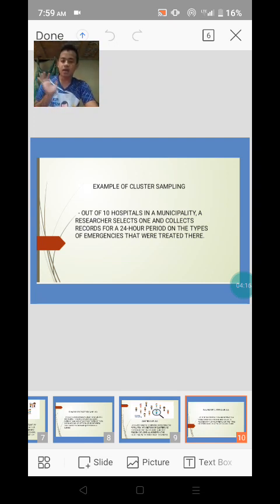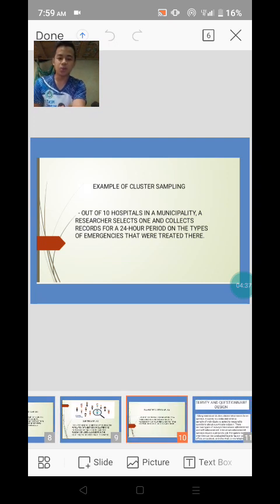Examples of the 10 hospitals: Hospital of Margos, Pagadian, and San Miguel. Every hospital, you can select one municipality that represents the cluster. So that means the cluster sampling.